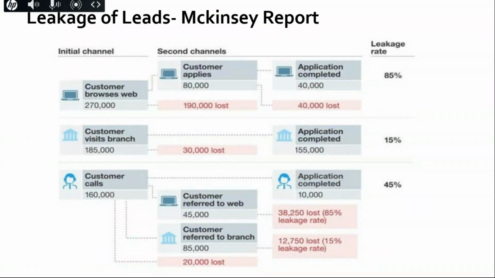If you see, if a customer comes through web, almost 85% of those leads are lost. Compare it with the second option, where the customer visits the branch: only 15% of the leads are lost.